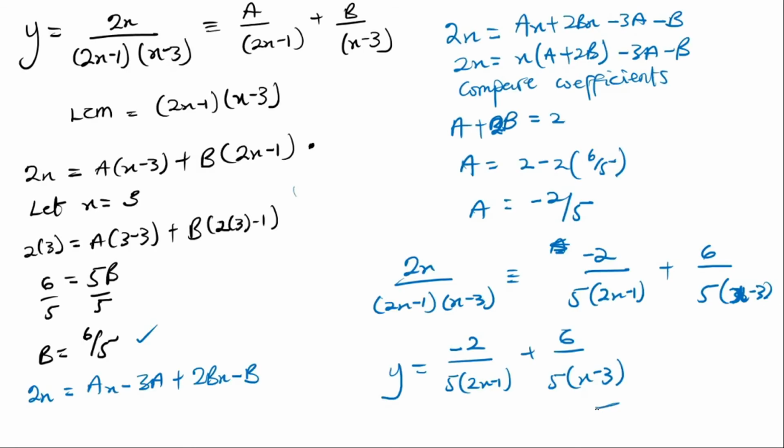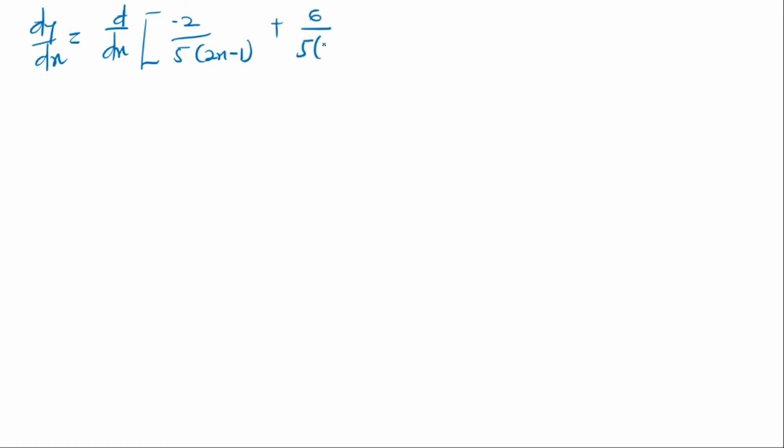If we are to differentiate the function, this is what we get. So we have our dy dx now being equal to d dx of the function negative 2 on 5, that is 2x minus 1, plus 6 on 5x minus 3.